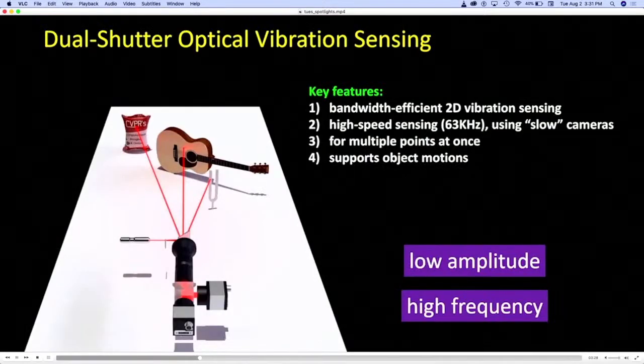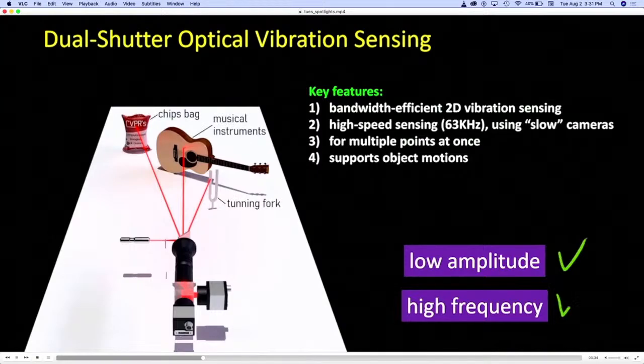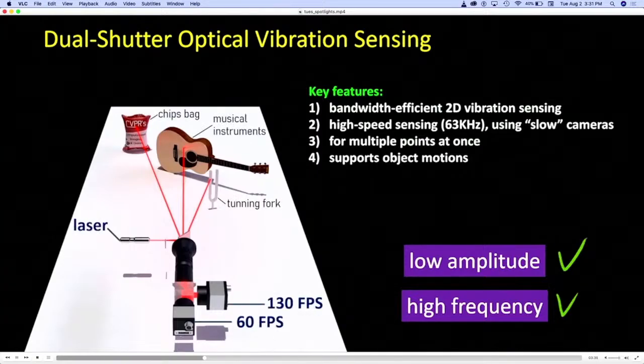In this paper, we propose a novel dual-shutter imaging system for sensing low amplitude, high-frequency vibrations. Our method can sense multiple points simultaneously and can also support object motions such as the natural motions of a guitar player.